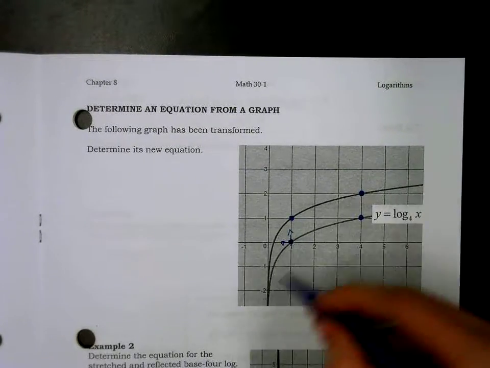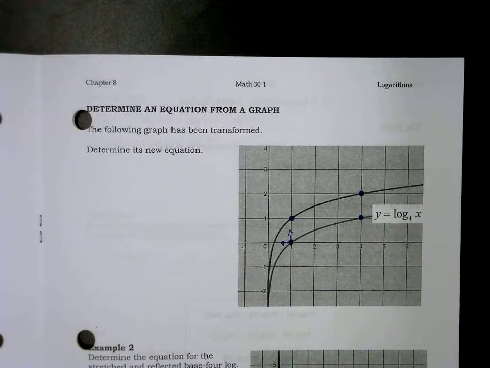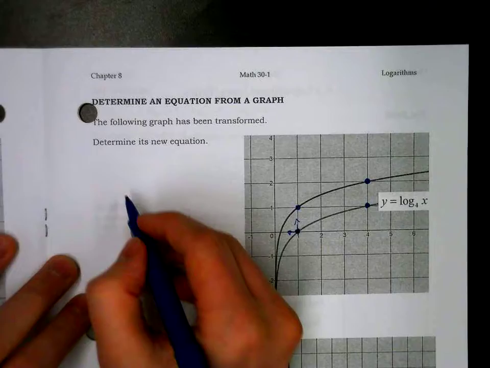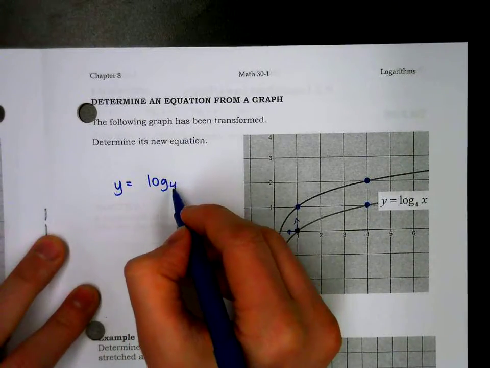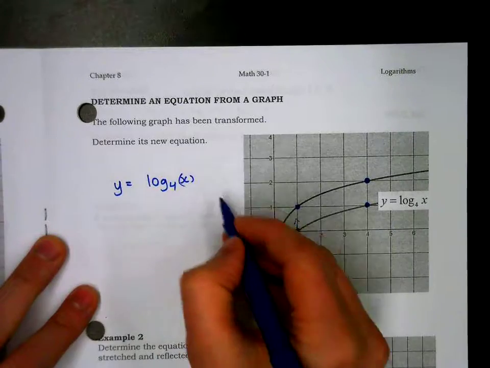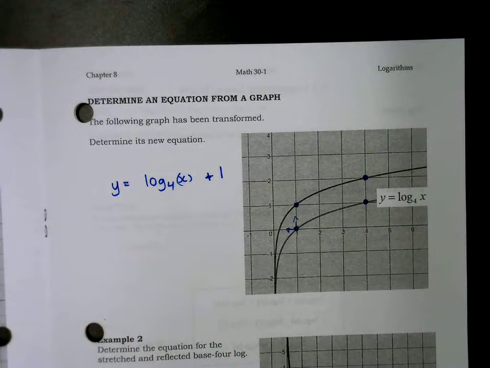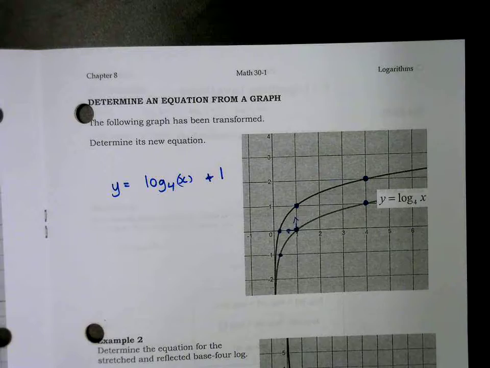These do look like they have the very same shape, that everything has shifted up 1. So I might say that this has shifted up 1. So we can take our log base 4 of x and say this has shifted up 1. It does seem like that has occurred.